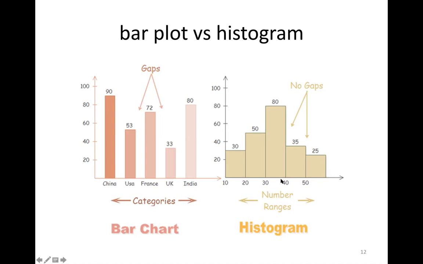And the most clear distinction between the two types in terms of visualization is that in bar plots the bars have gaps in between to emphasize that we're talking about categorical variables, whereas in histograms you have no gaps. You should know this, this very traditional way of describing two different types of variable.